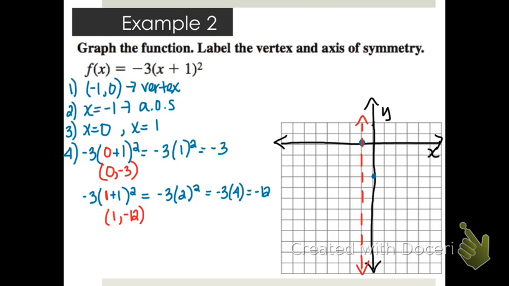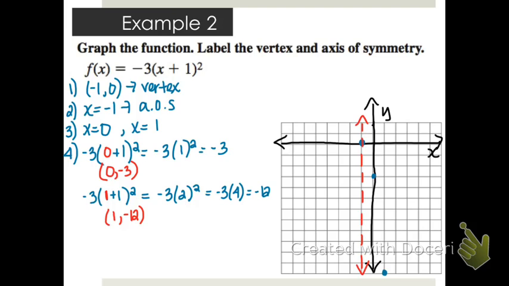So we have -3, -4, -5, -6, -7. Oops, I lost count. It's actually the last one. So that works out. And of course, it's not wanting to plot my point. There it is. Okay, so I have 2 points to the right.